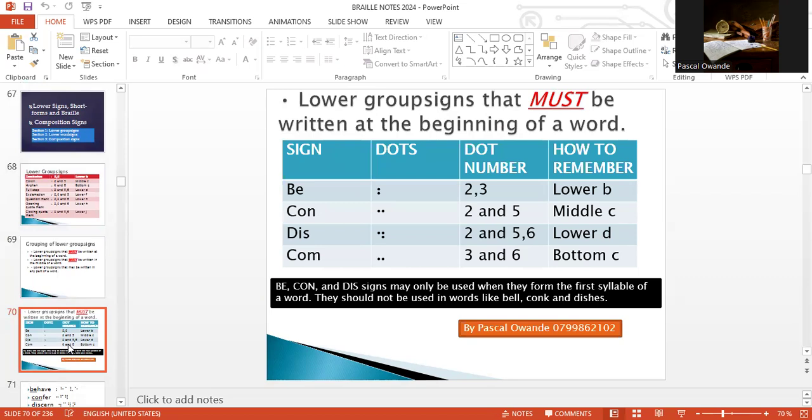We have the sign, the dot number, and how to remember them.